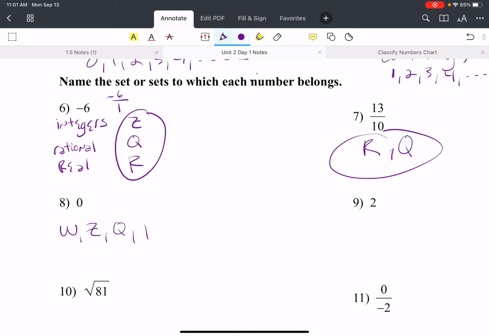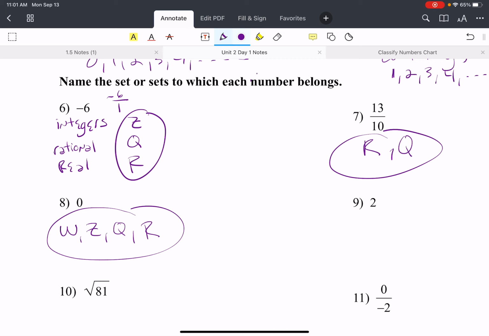Is it a Z? Okay, there's 8. W, Z, Q, and R. I needed a Q. I would have got it. Use the Venn diagram to help. Any of the ones that are the circles, the little ones, mean all of those have to go to another inside it.